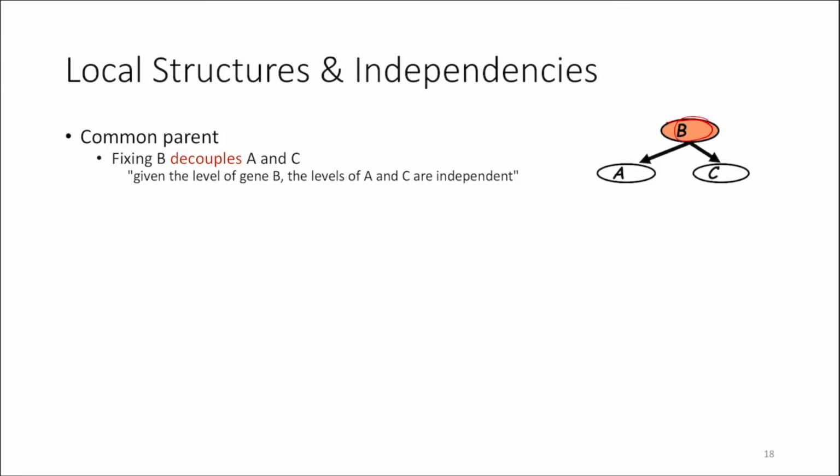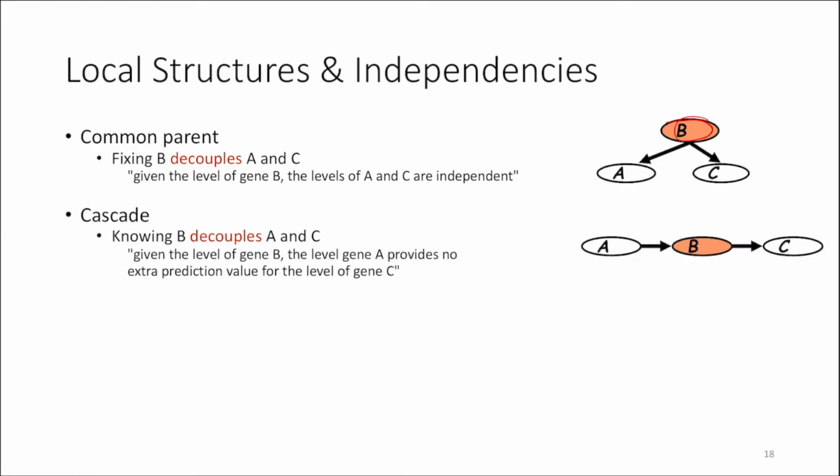Of course, it's very tempting to interpret this relationship from a causal point of view, but it's better to view that as dependencies. So basically, the idea here is that if I know B, then A and C become independent from each other. For example, if I know the level of the gene B, the level of gene A and C are independent.